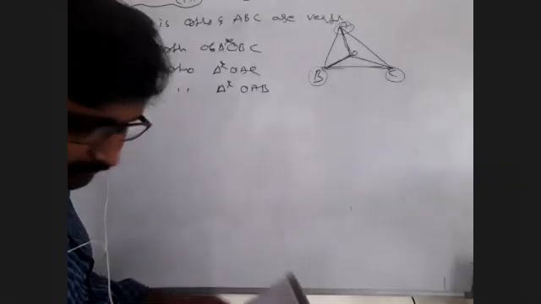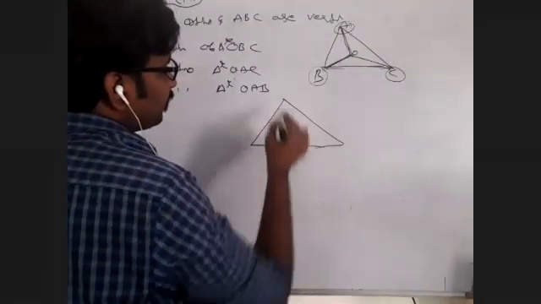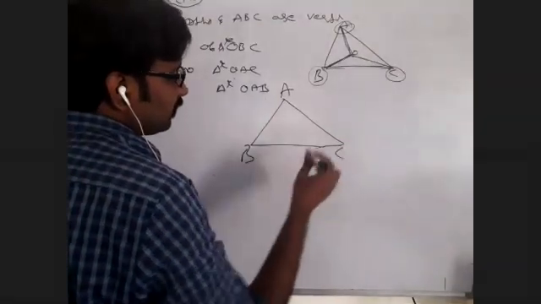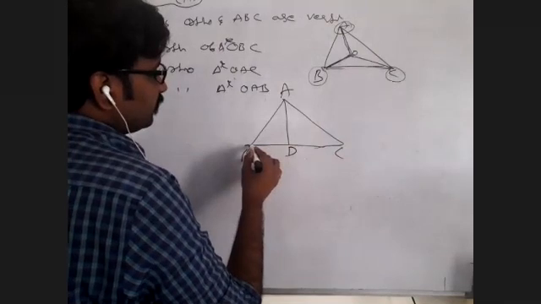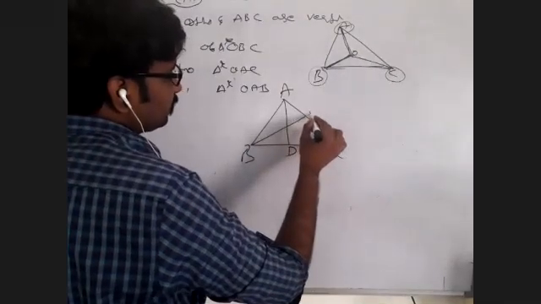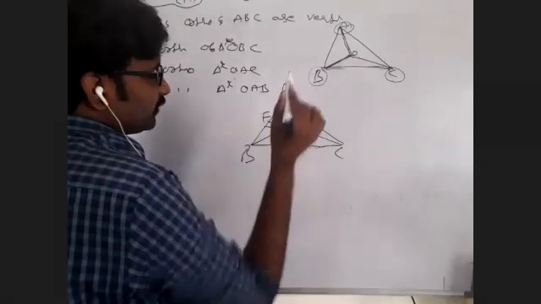And next, in a triangle ABC, AD is altitude, BE is also altitude, CF also altitude.